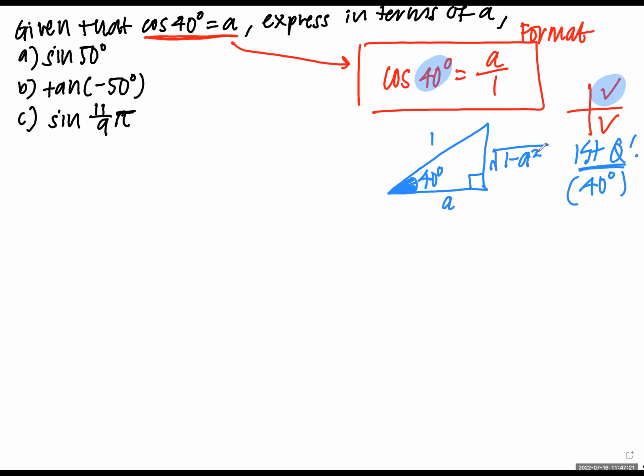So remember I told you guys what's a good habit I want to do immediately? Identify the other angle. Okay, which is, what do I write? 180. What's a good habit?